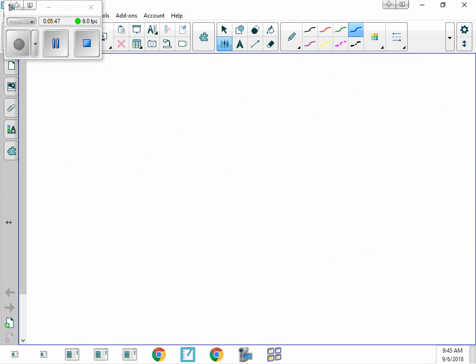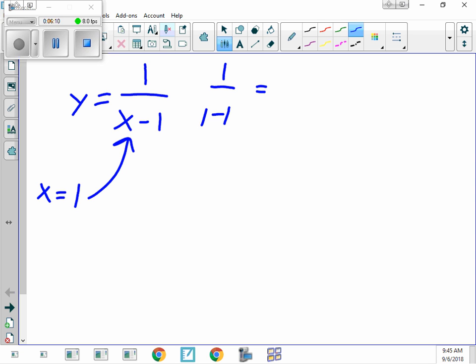The other way is something like this. Are there any numbers I'm not allowed to plug in? 1. What happens when I plug in x equals 1? I get 1 over 1 minus 1, which is 1 over 0, and that's infinity, or negative infinity. Okay, can we graph infinity on our xy axis?